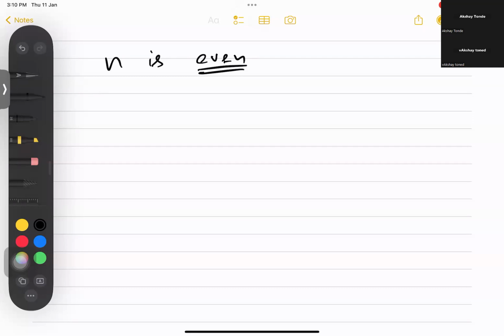Why are we adding odds? Because if we include an even, then the product will become even. So we need all odds, some set of odd numbers, and all of them are distinct.